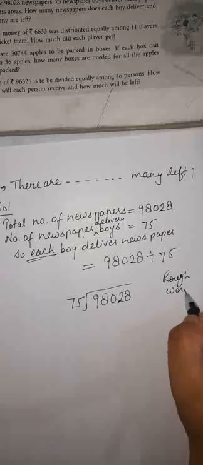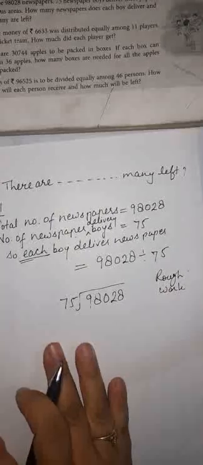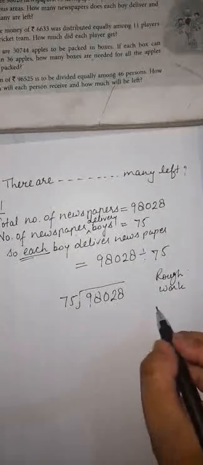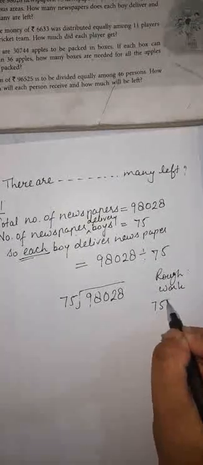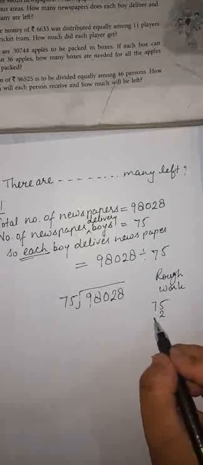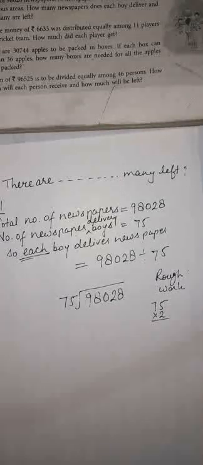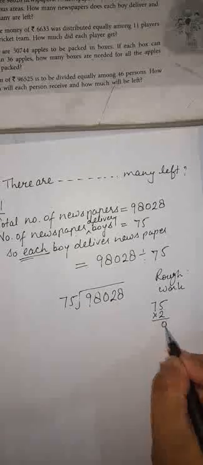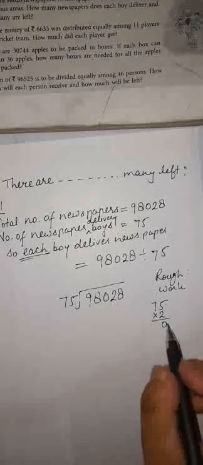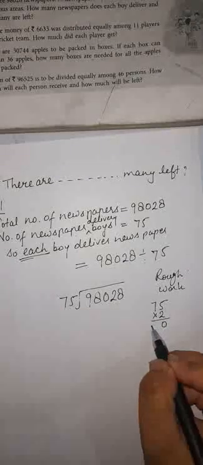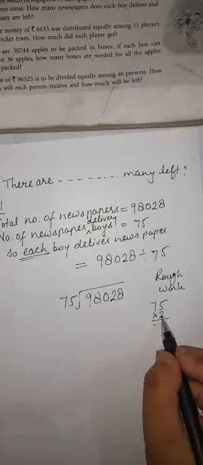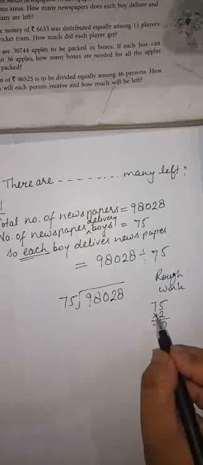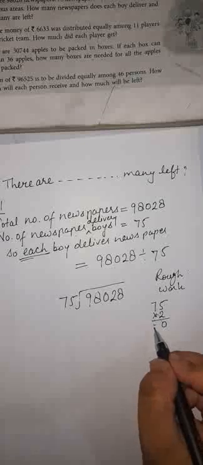Just write the table of 75 in multiplication form. 75 2s are, we will start from 2 because 75 1s are 75 we know. 2 5s are 10 and 2 7s are 14 and 1 is 15.